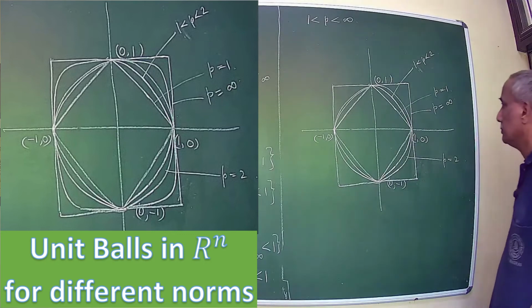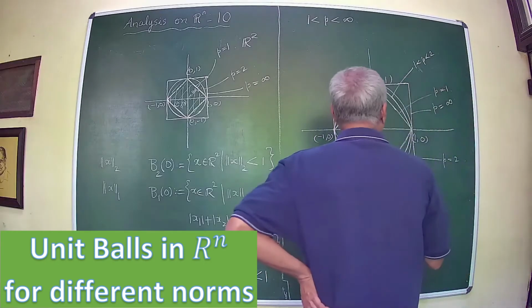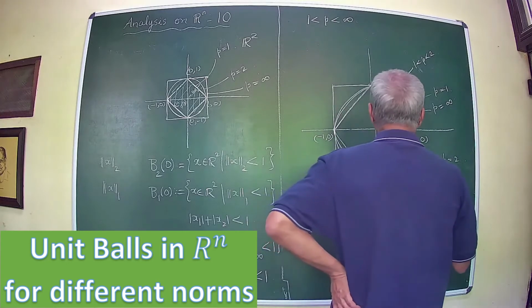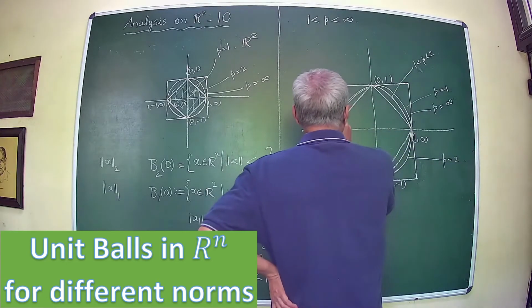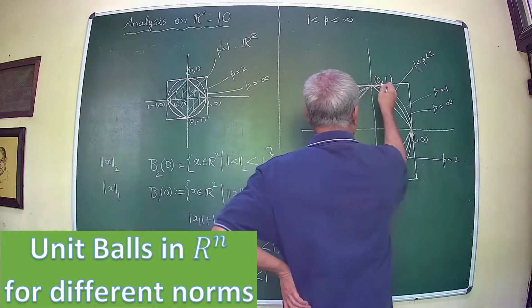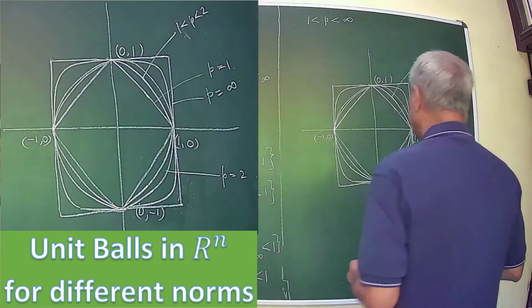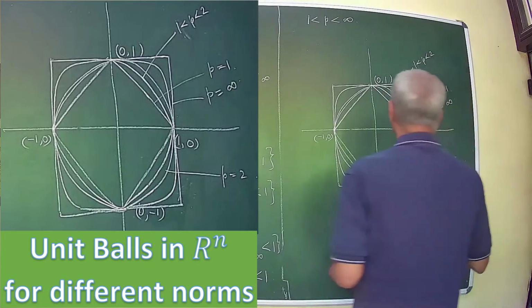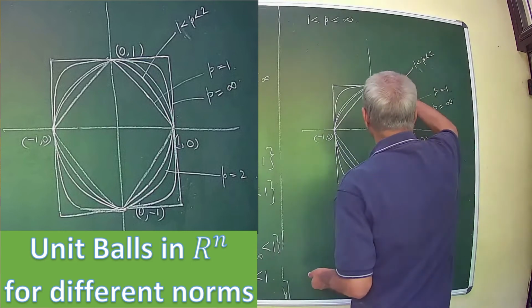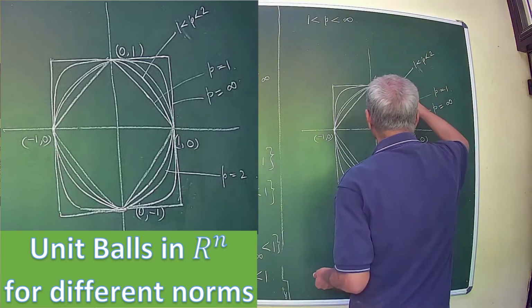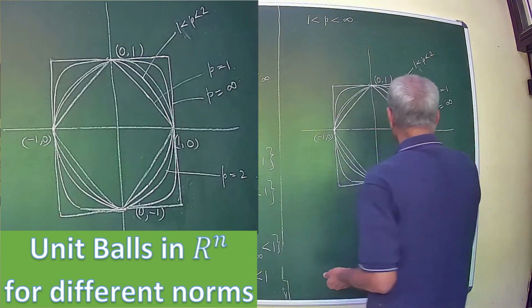Okay. And then when p lies between 2 and infinity, it is going to be something like this. So you see that when p lies between 1 and 2, it is this one.